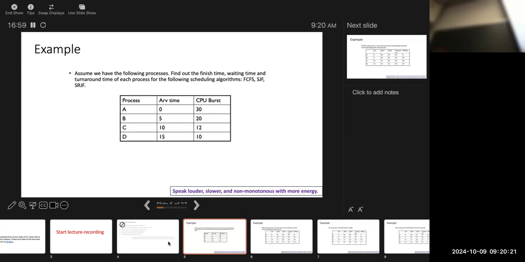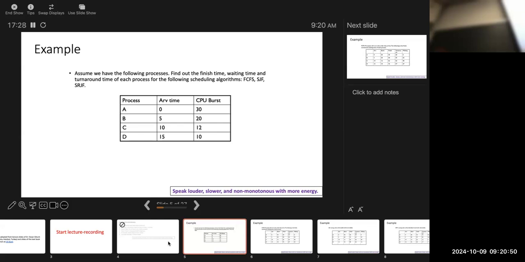It executes for 5 time units, which means the remaining time it has is 25. And then at 5, I look at what the available ready processes are. So I have A and B. A has 25, B has 20. So B has the shortest remaining time, so I schedule B for 5 time units.